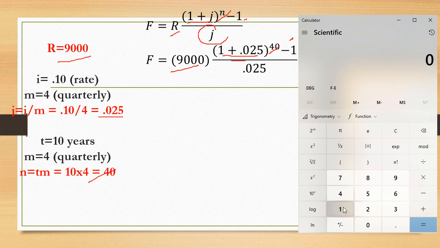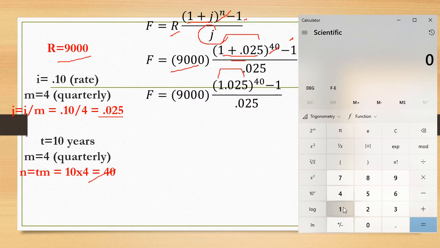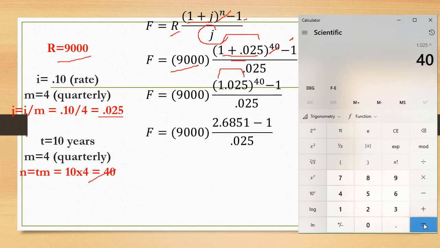Now add these two numbers, 1 plus 0.025, and you will have 1.025. Now let us evaluate that using our calculator. 1.025 raised to 40, and we should be having 2.6850. So round up, it will become 2.6851 because the nearest decimal is 0.